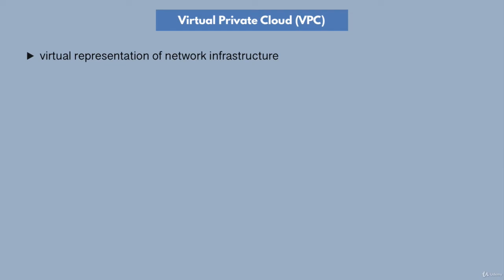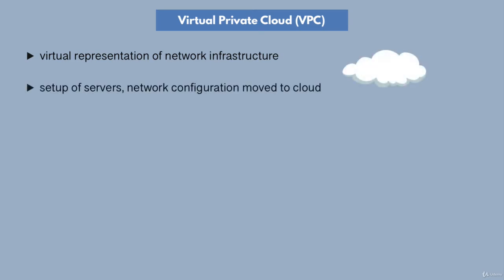When you have servers physically in your company, which was a traditional way of hosting servers and applications before cloud, you have sys administrators that set up, configure, and manage this whole network. They set up the router, they do all the network configuration, configure firewall, and so on.